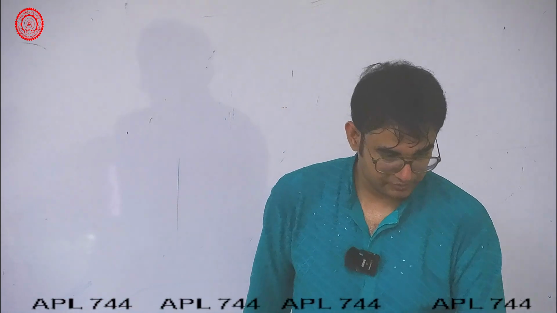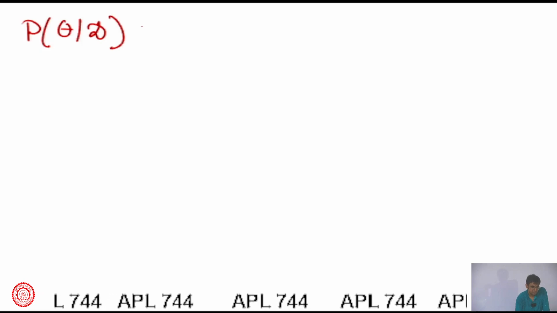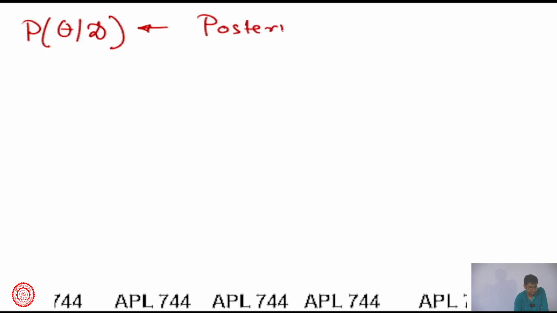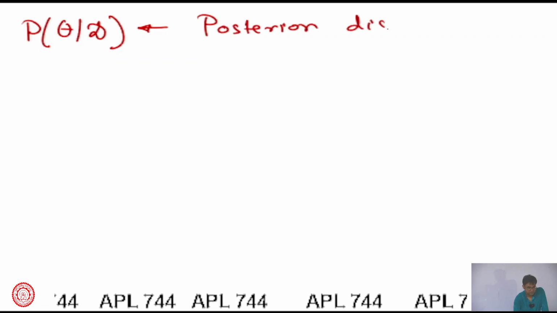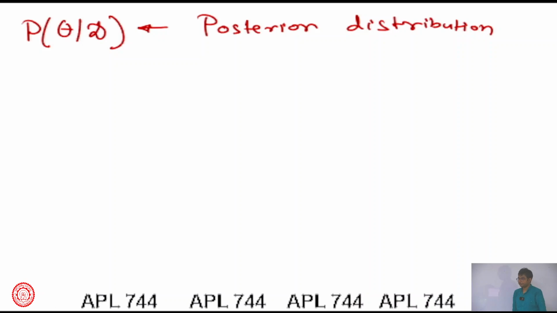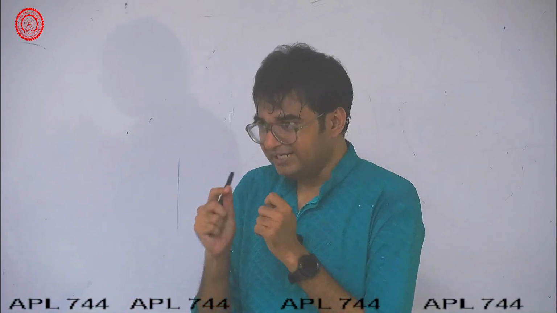Okay. So, now if that is clear, let us go back to this. What is probability of theta given d? This is known as the posterior distribution. If you think carefully, this is our belief about theta given the data set.